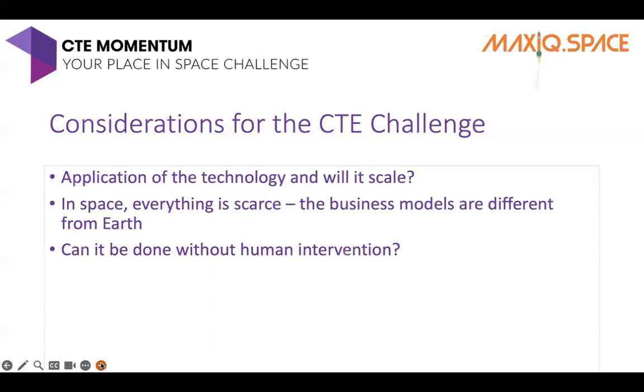So you really need to consider whether what we want to do can be done without human intervention. For a very long time, we're going to be sending probes and rovers and robots to Mars before we actually send any human beings. So the habitats are going to have to be built by robots and 3D printers, and everything there is going to have to be done by the robots before we arrive.